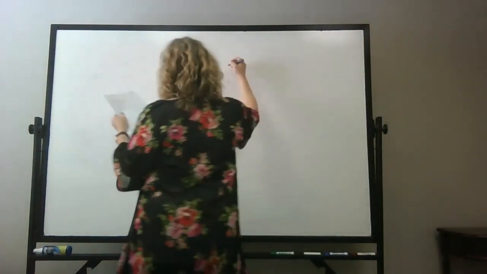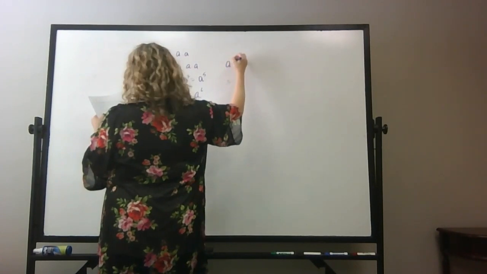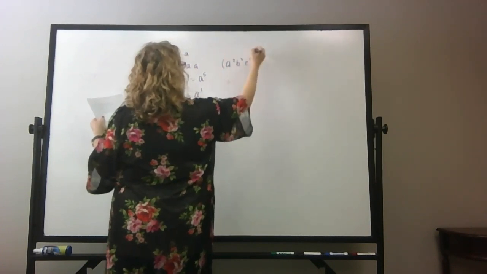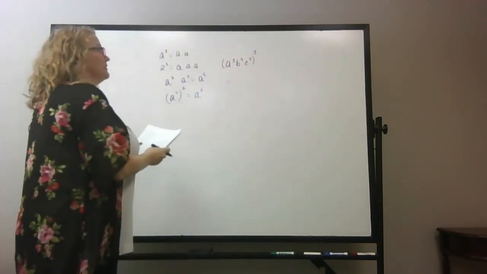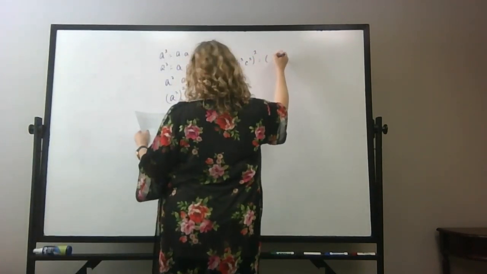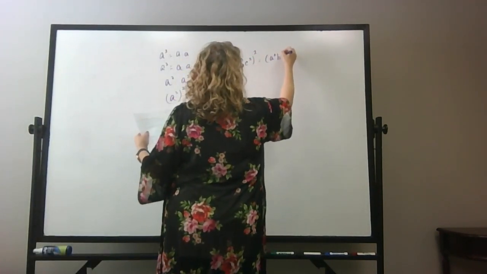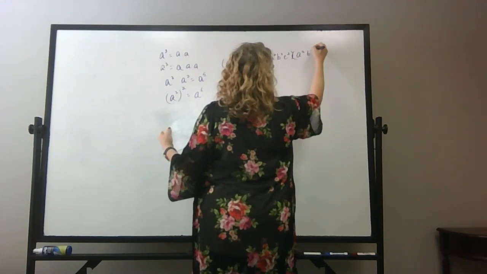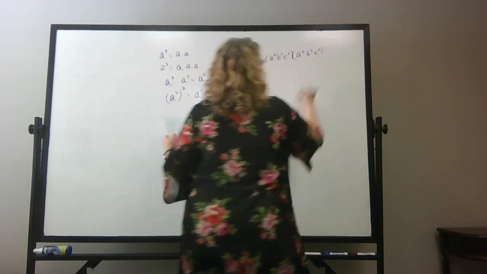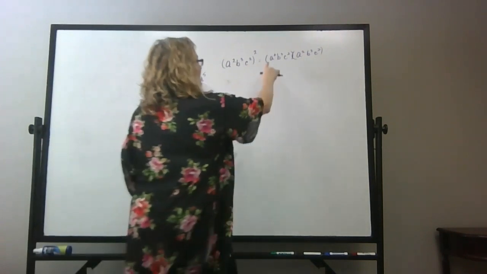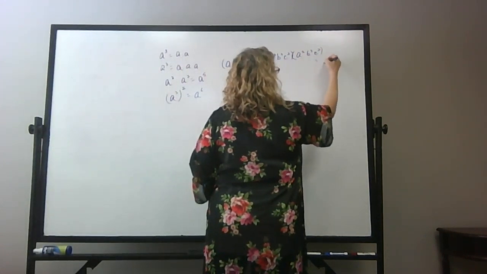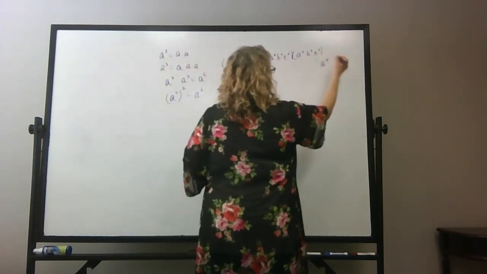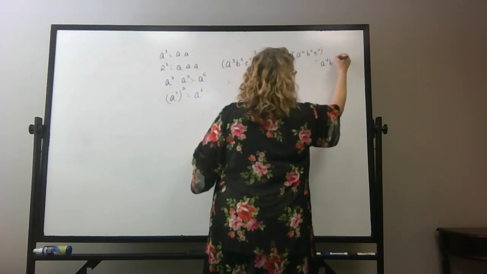Okay, so now if I have a squared, b cubed, c squared, and I tell you to square that, that's the same as a squared, b cubed, c squared times a squared, b cubed, c squared, right? So if I multiply those, a squared times a squared gives me a to the fourth, b cubed times b cubed, I add those two together and get b to the sixth.